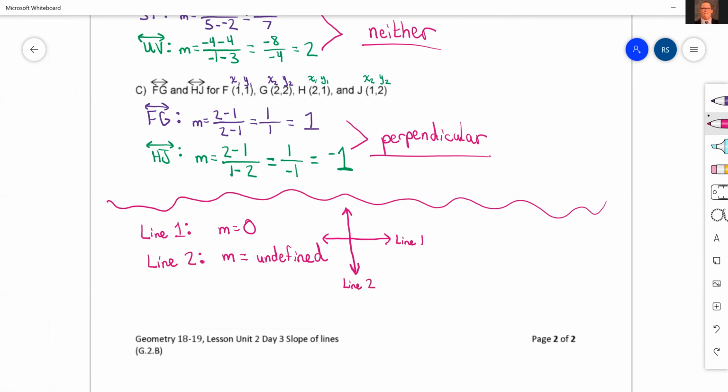What kind of angle do these make when they cross? A right angle. So what would you say about these two lines? They are perpendicular.